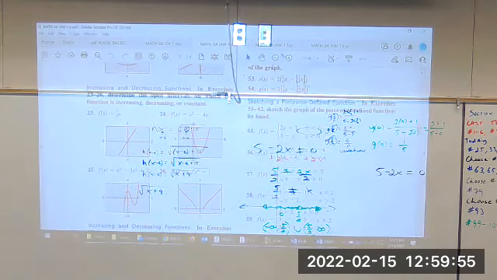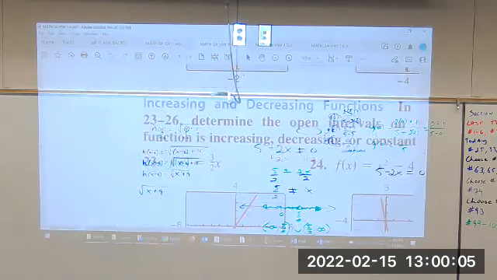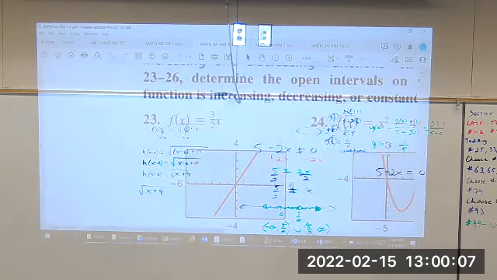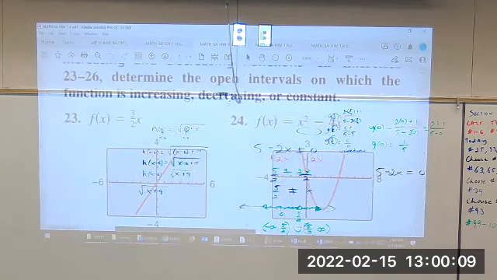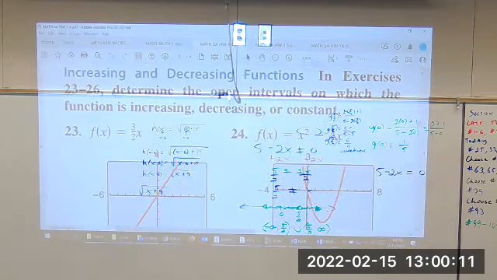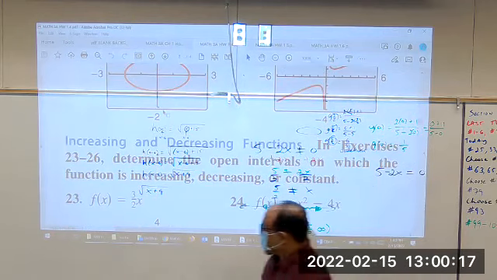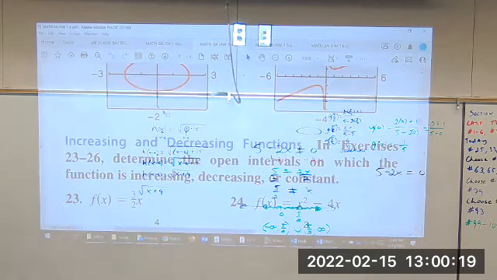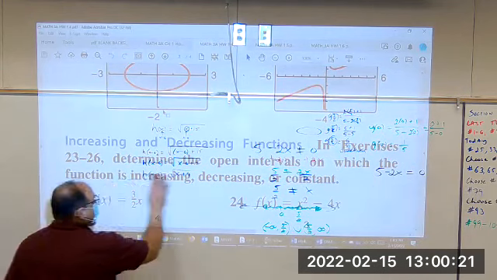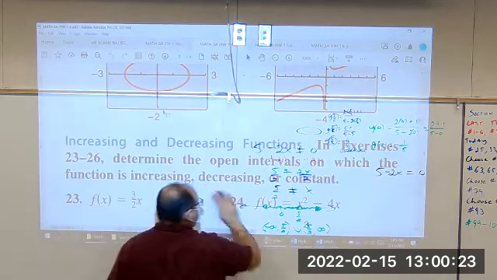So last week we went over the notes and definition of when a function is increasing, when it is decreasing, when it is constant, and when those things happen. All they want in this question is to determine the open intervals in which the function is increasing, decreasing, or constant by just looking at the picture.